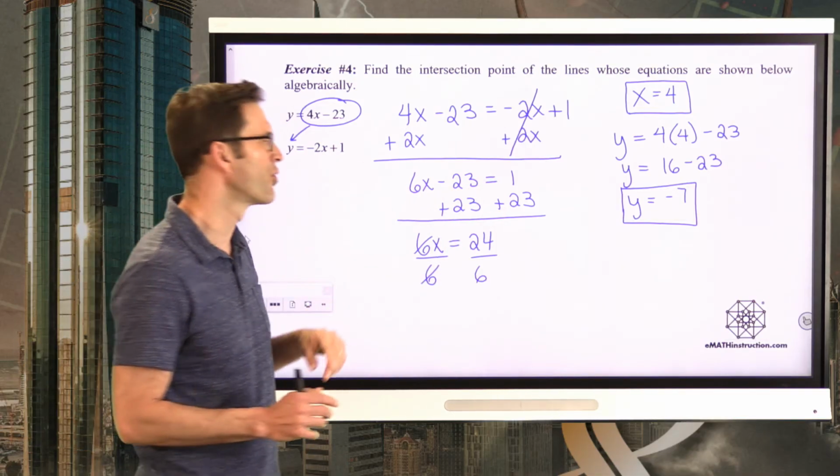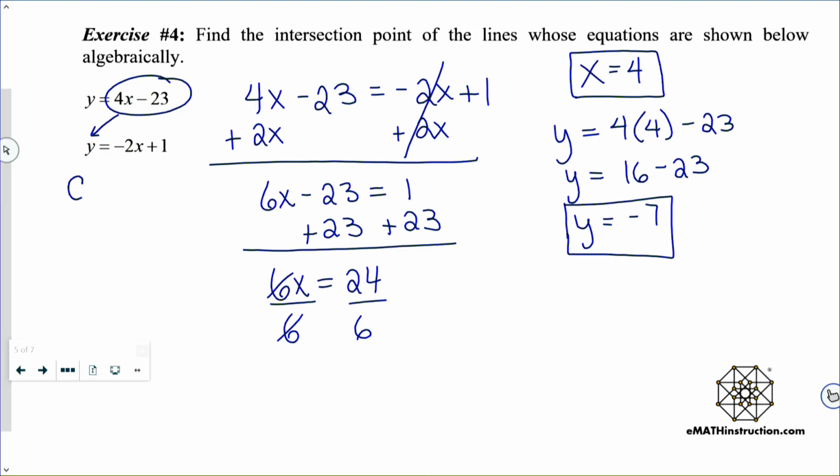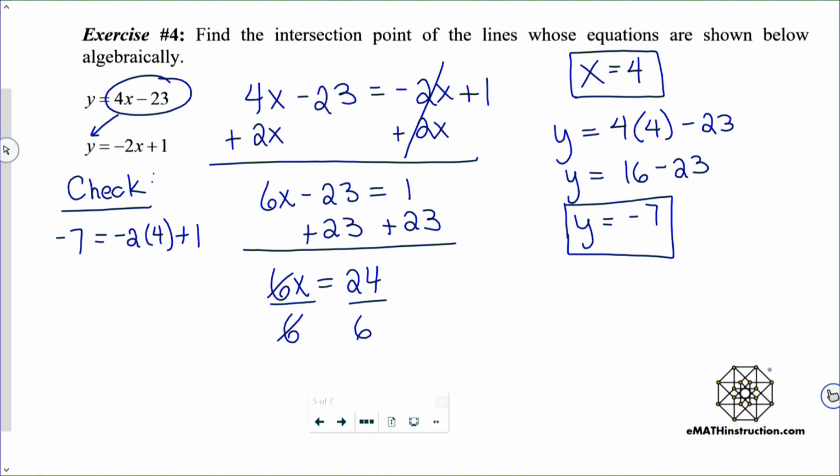So maybe I'll do that over here. Watch, I'm going to do a little half check over here. I'm going to do that by putting -7 in for y and 4 in for x. That's going to give me -7 equals -8 plus 1. And in fact, -8 plus 1 is -7, and that works.